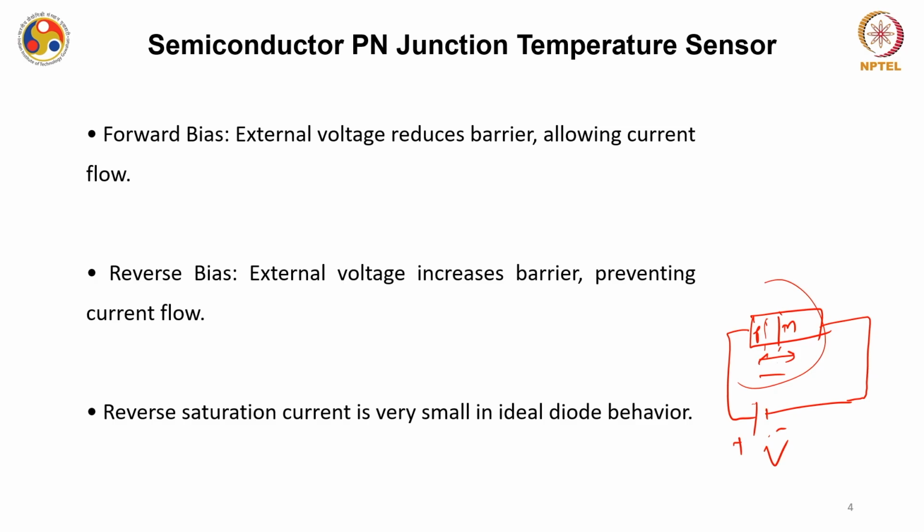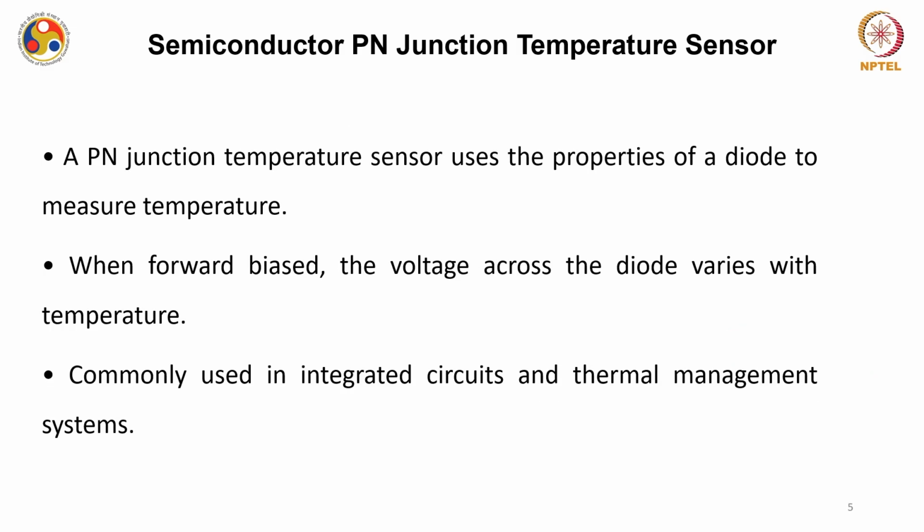Under the reverse bias condition, the external voltage increases this barrier, or the depletion width will increase. This will prevent further current from flowing in the device or in the circuit. Usually the reverse saturation current is very small, particularly if you consider an ideal diode's behavior.